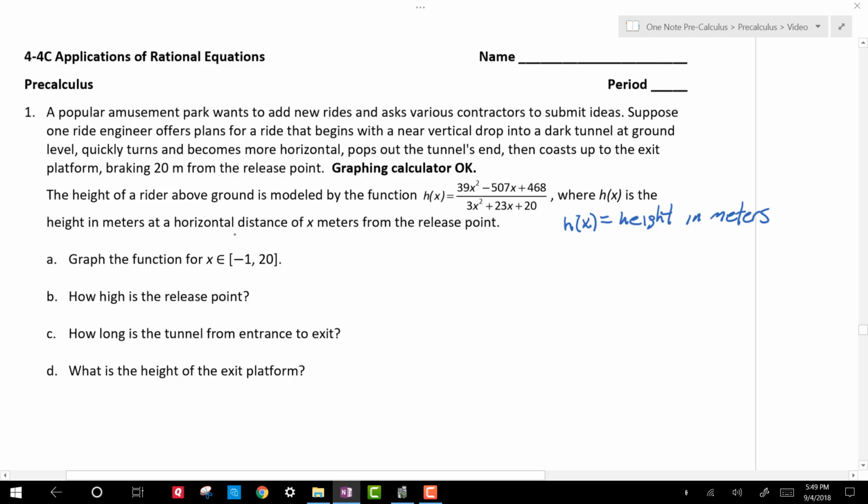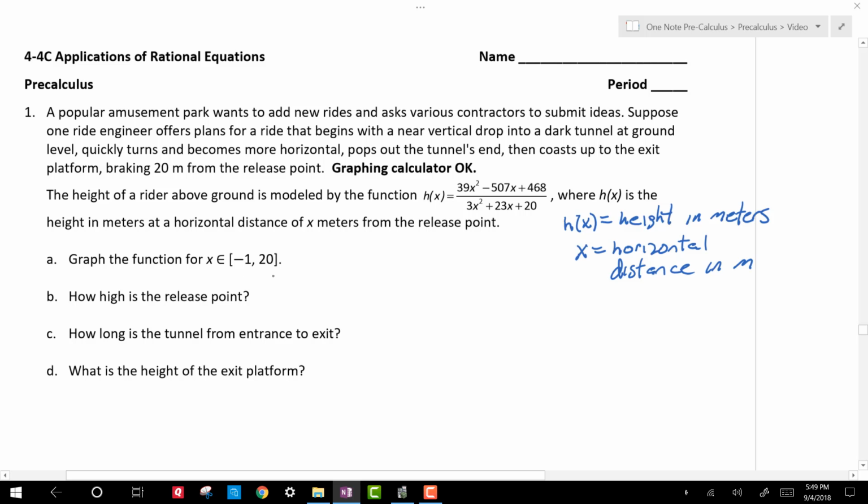At a horizontal distance of x meters, so x equals horizontal distance, in meters. So it says graph the function for x in the set of numbers -1 to 20.